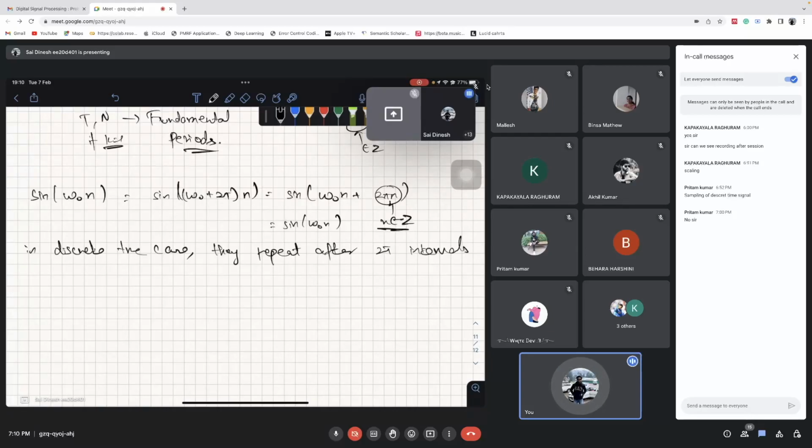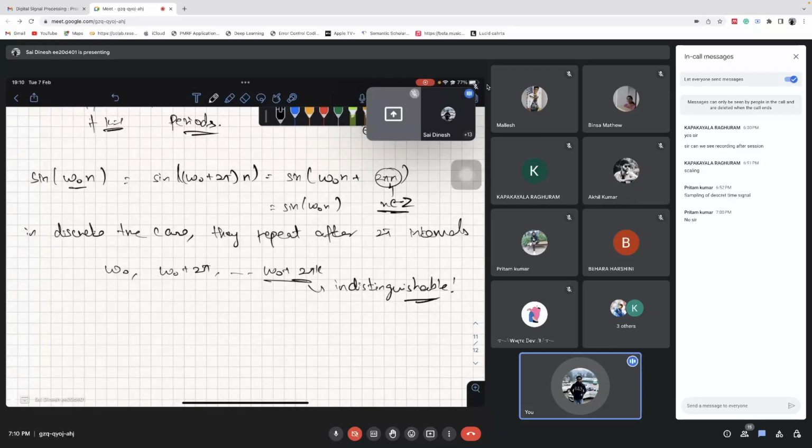So omega naught and omega naught plus 2 pi, and so on, omega naught plus 2 pi k, are all indistinguishable. That is why we restrict the range of the frequencies to minus pi to pi. Why minus pi to pi? I'll talk about it in a minute.